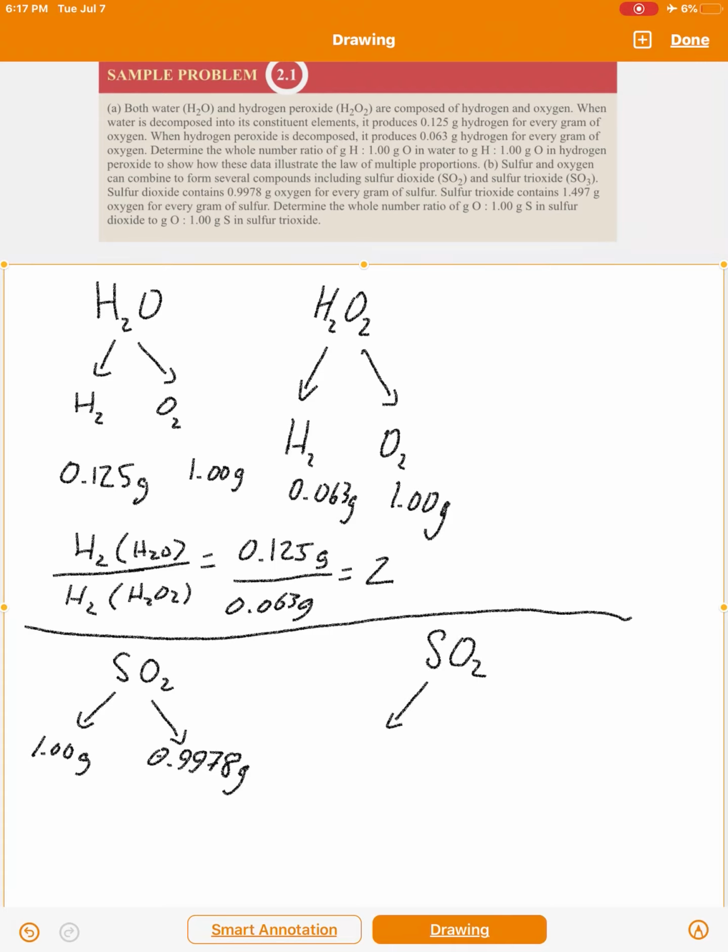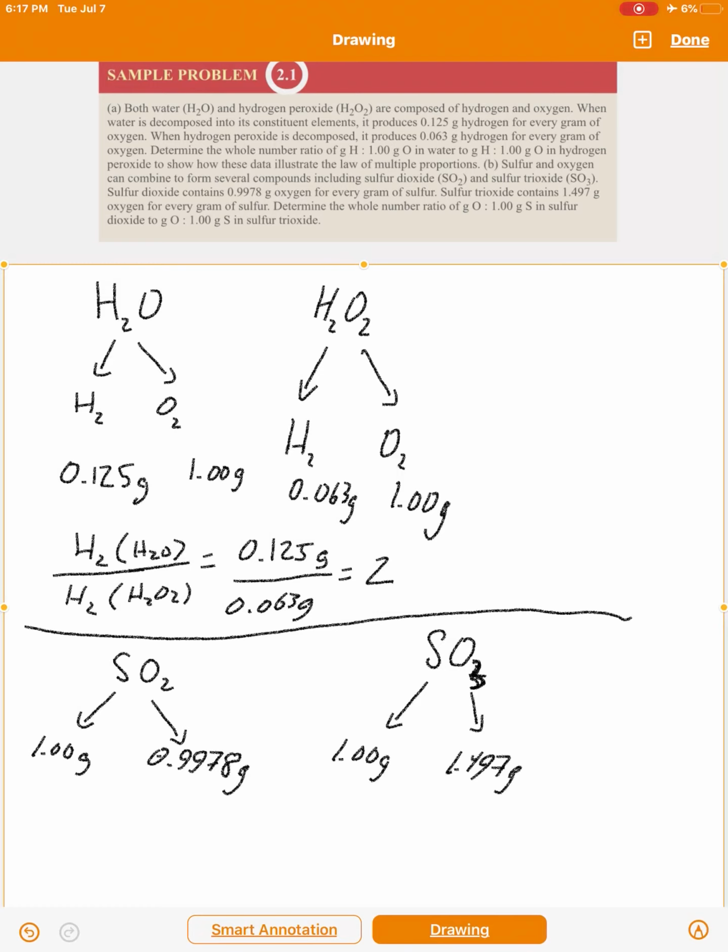So same thing, if you have a gram, this is SO3. If you have a gram of sulfur, it turns out you have 1.497 grams of oxygen. That's a 3, I'm sorry. Okay. So again, the issue is how much oxygen is there in sulfur trioxide relative to the amount of oxygen that's in the sulfur dioxide.